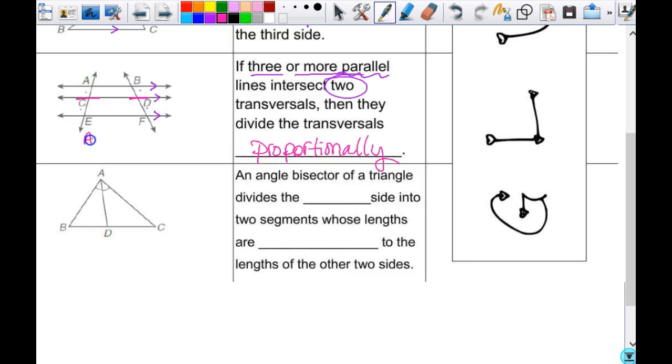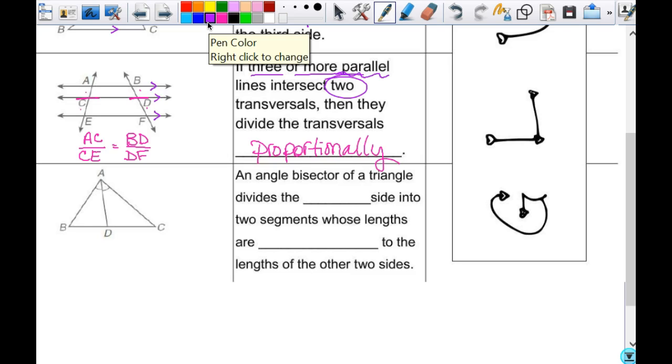So the length of AC over the length of CE equals the length of BD over the length of DF. Everybody okay with all that? Any questions? All right.